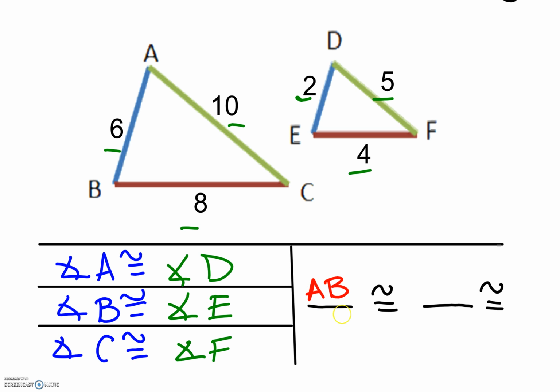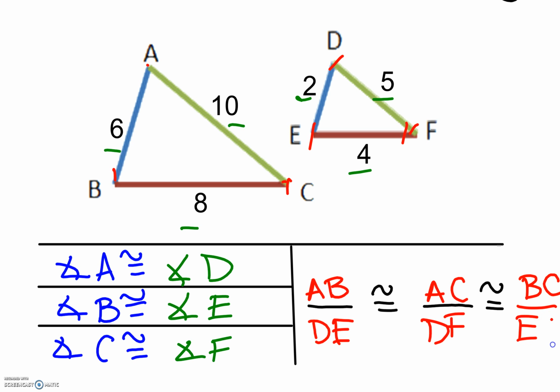So our blue side, which is AB of the left, over the blue side of the right triangle, is going to be congruent to the green segment AC over this green segment DF. And lastly, BC is going to be congruent to EF because our sides are in proportion.